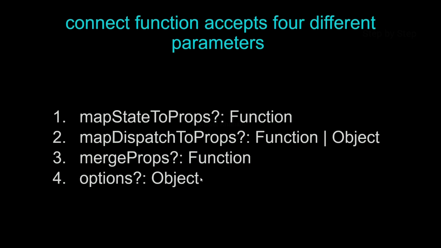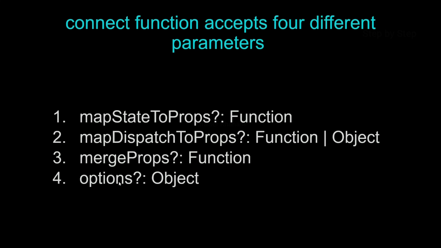Now this connect function accepts four parameters: mapStateToProps, which is a function, mapDispatchToProps, mergeProps, and options. As of now, we have just created a simple project, so we are not going to focus much on mergeProps and options.